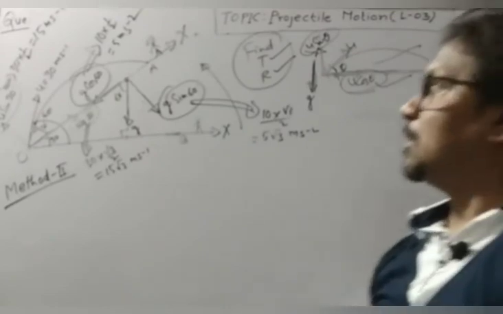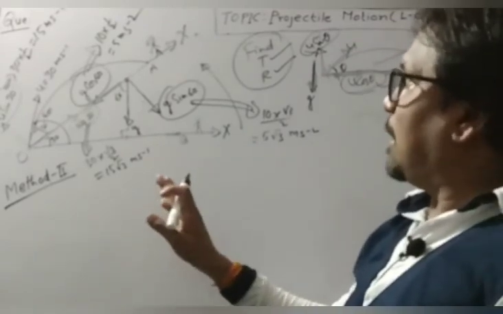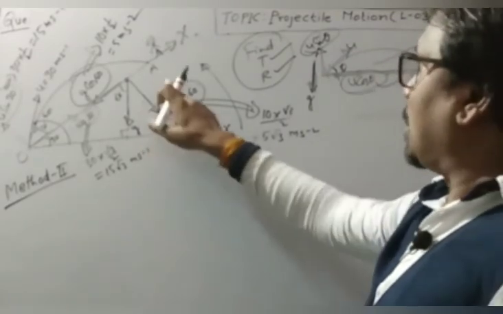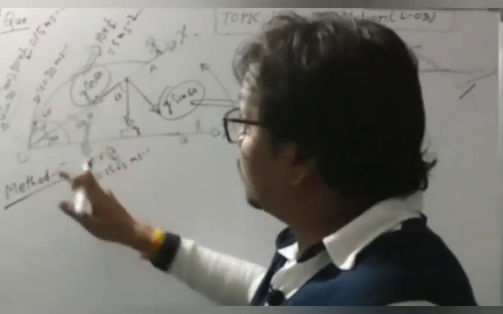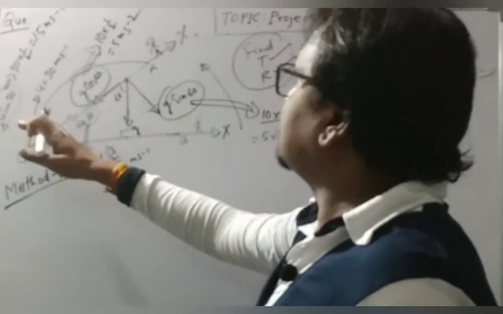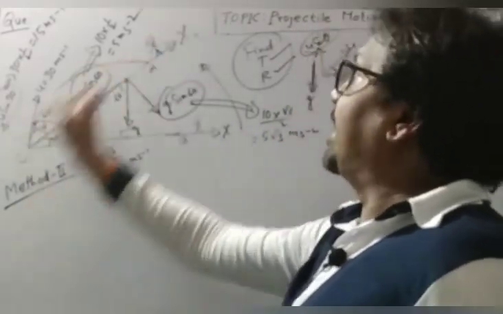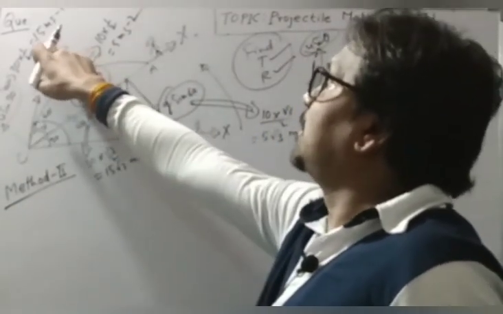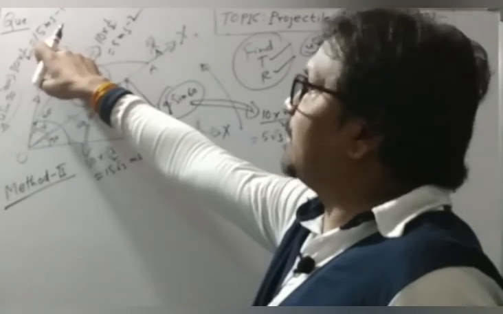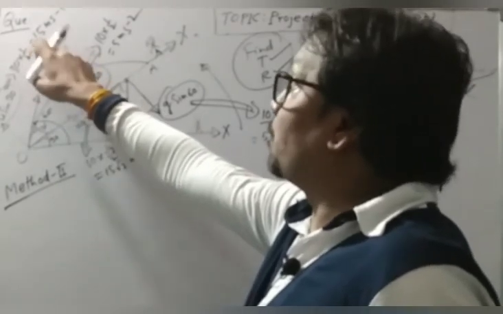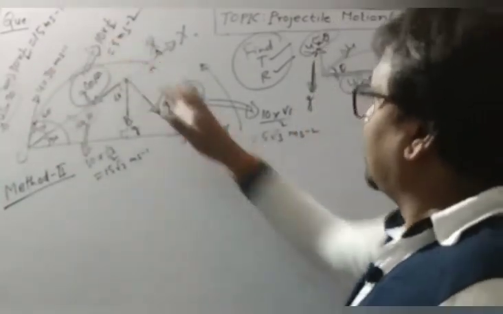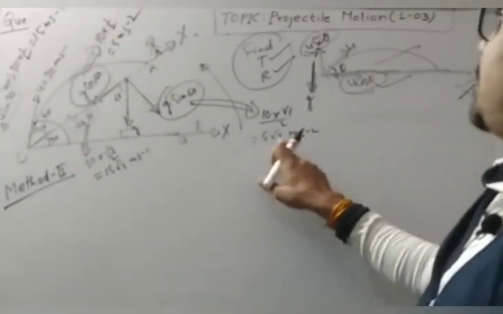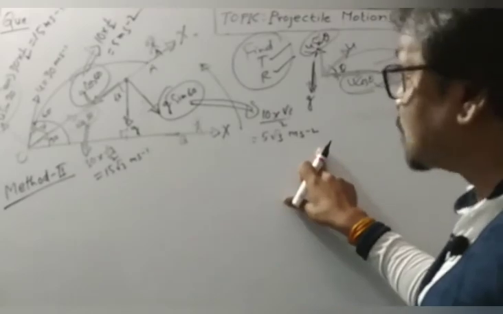Okay, so you are observing here that the velocity perpendicular to the x-axis is this 15 meter per second, and the acceleration opposite to this 15 meter per second is this one, basically 5 root 3 meter per second square.